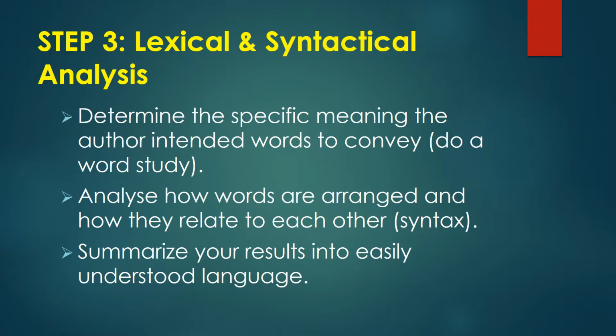In order to do this, we must do a word study. We must also analyze how these words are arranged and how they relate to each other. This is doing a syntactical analysis. We must then summarize the results into easily understood language.